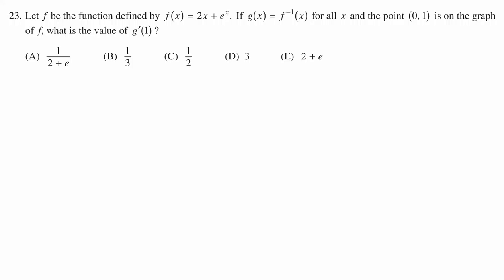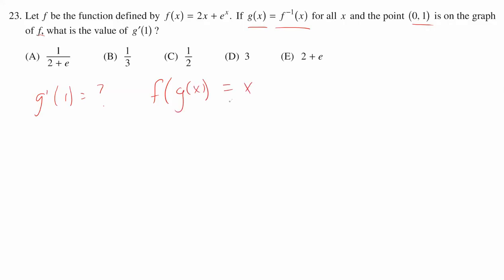23, let f be the function defined by f of x is 2x plus e to the x. If g of x is the inverse of f of x, that's how we've got to read that, for all x, and the point 0, 1 is on f, what is g prime of 1? So always my strategy here is to derive the inverse. f of g of x is x.